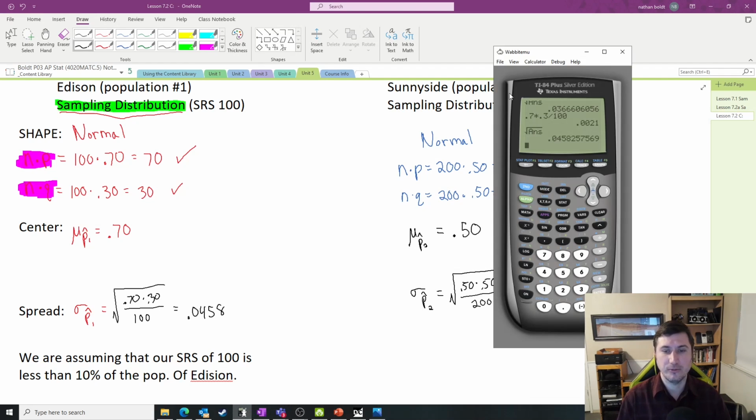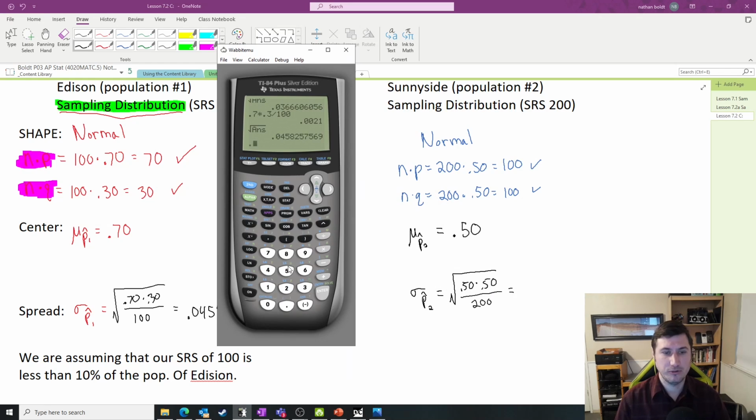So 0.5 times 0.5 divided by 200, square root, is 0.035.